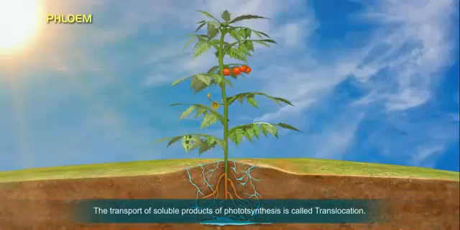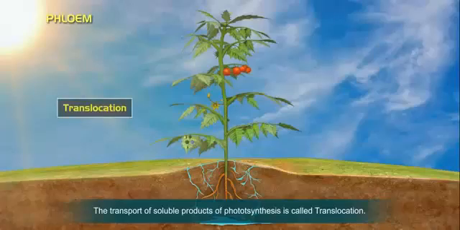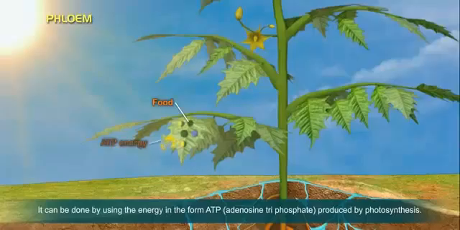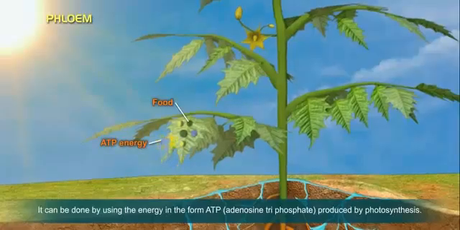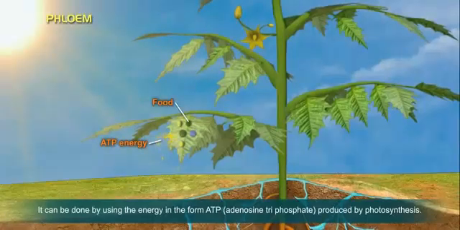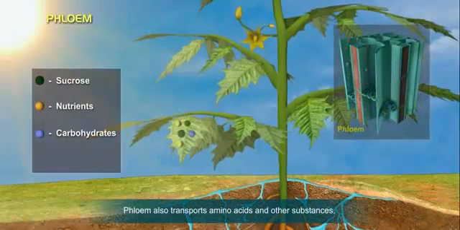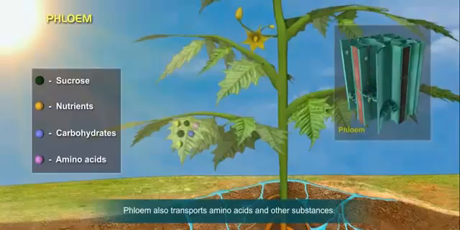The transport of soluble products of photosynthesis is called translocation. It is done by using energy in the form of ATP, adenosine triphosphate, produced by photosynthesis. Phloem also transports amino acids and other substances.